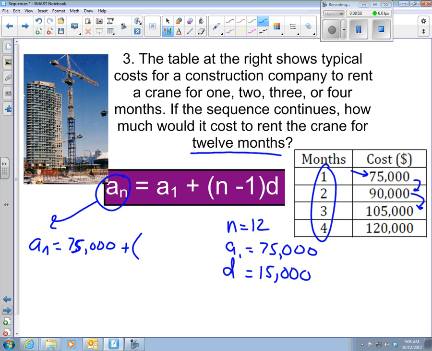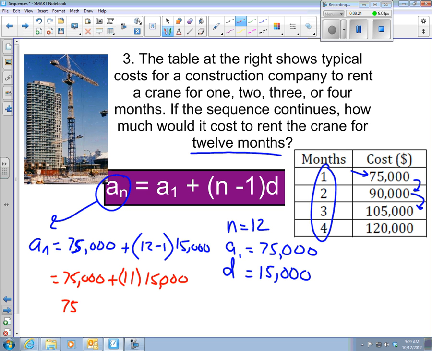So a sub n is going to equal my first term, which is 75,000, plus, I want to find the 12th term, so I'm going to plug in 12 for n, minus 1, times the common difference, which is 15,000. Now it's just a matter of simplifying and solving. 75,000 plus 12 minus 1, which is 11, times 15,000.